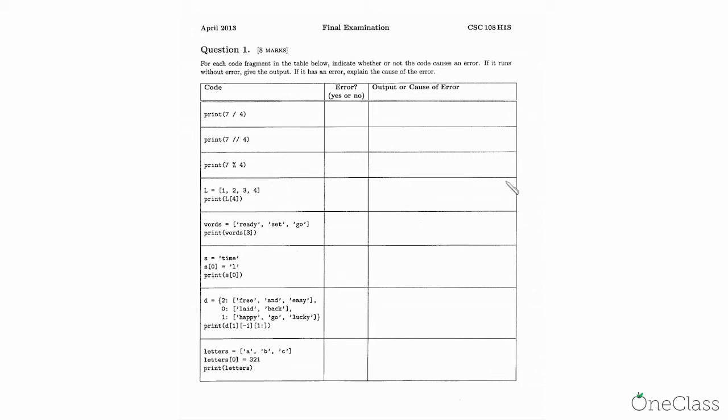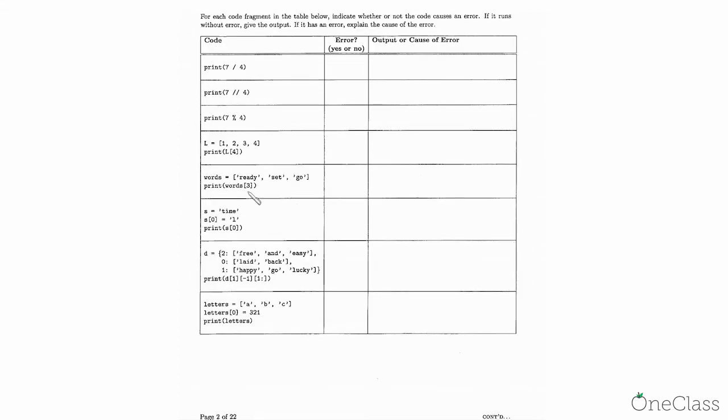So error, no output. It's the same for this one. Words has 0, 1, 2: this one is index 0, this is index 1, this is index 2. So if you want to print words[3], which means the 4th element, there's no 4th element in the words list. So error as well.